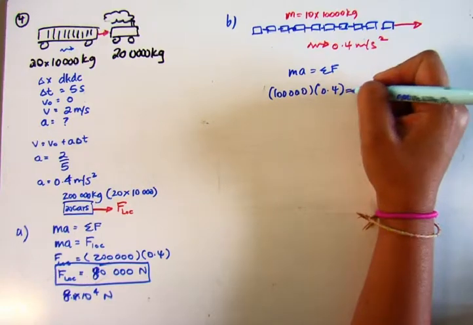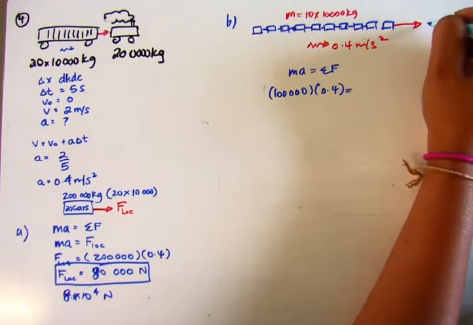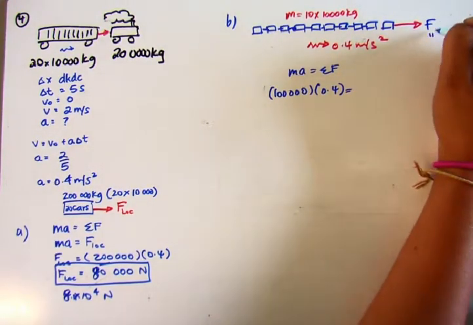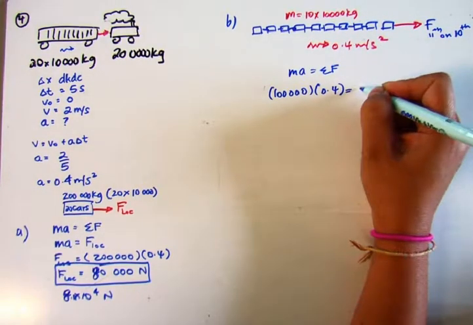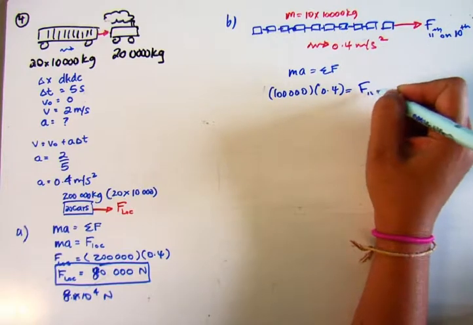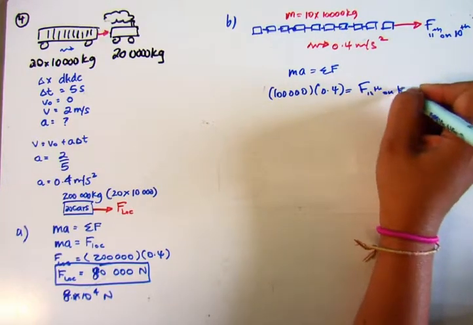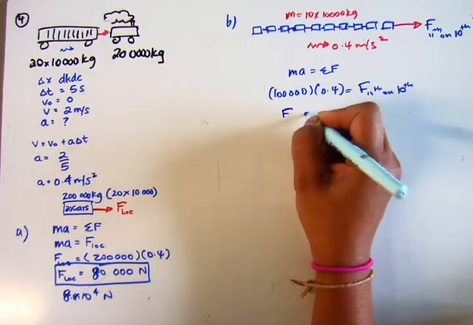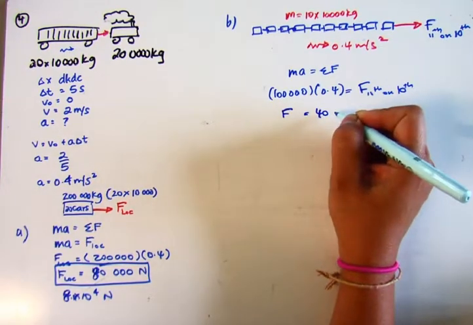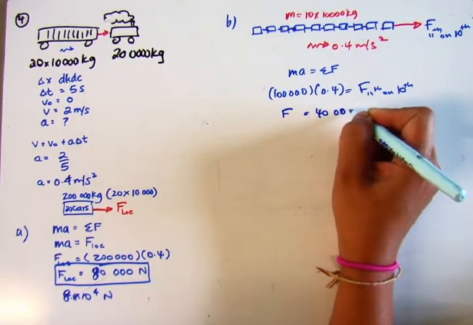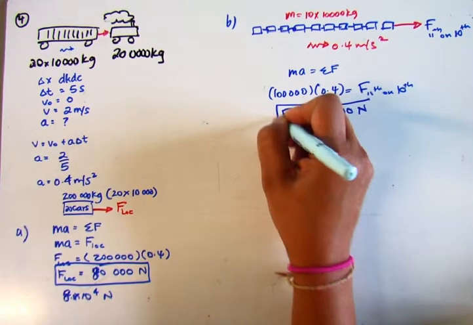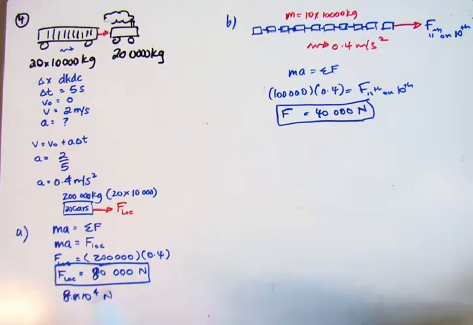And then here is where this force is the force of the 11th on 10th. And that equals that force. And so that force is equal to 40,000 newtons. Sorry about that confusion here. I multiplied 200,000 by 0.4 and got the wrong answer. So that's the right answer, and that's how we simply do it.